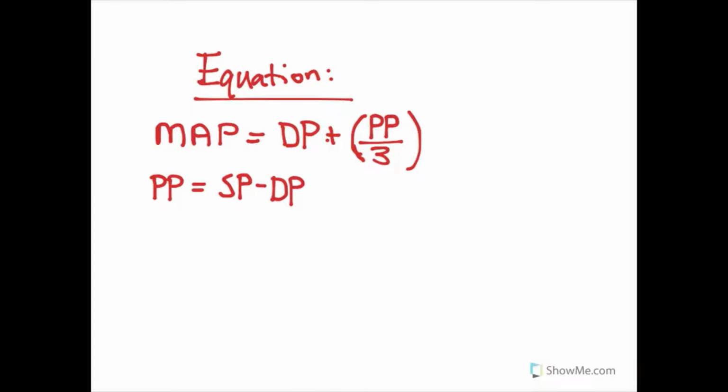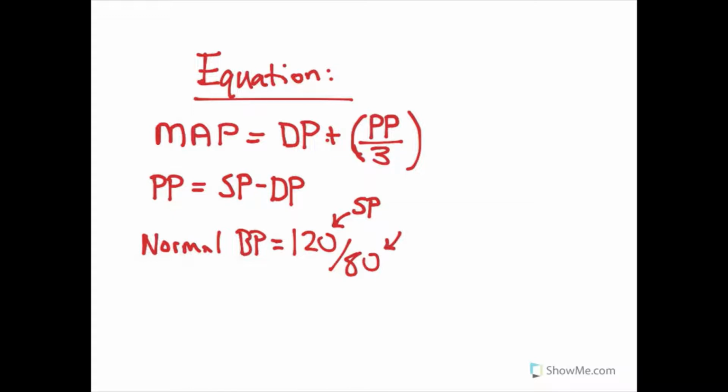We should know what systole and diastole are, so we can calculate those things. Let's say, for example, we are given a normal BP of 120 over 80. Then we have our systolic pressure and our diastolic pressure, and from that, we can calculate everything we need.